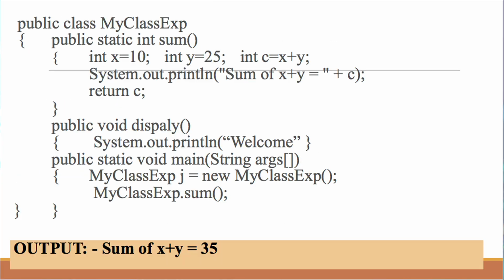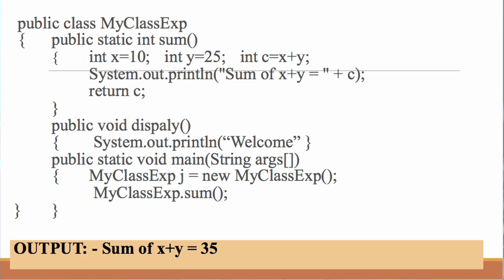So here see the example of static variable and static function, static method we can say. We have this class, public class my class example, and we have two variables, one is a normal variable and another one is static, one is a normal function and another one is a static method. You can see here public static int sum.